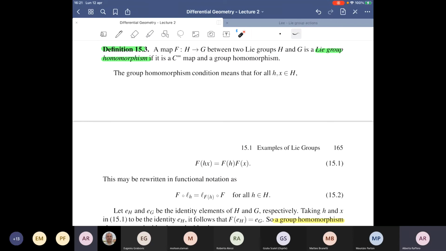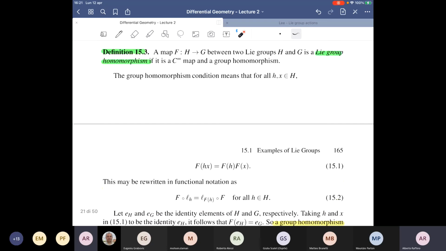As you can see, both the algebraic aspects we discussed earlier and the smooth aspects you also met last time give us these new notions.